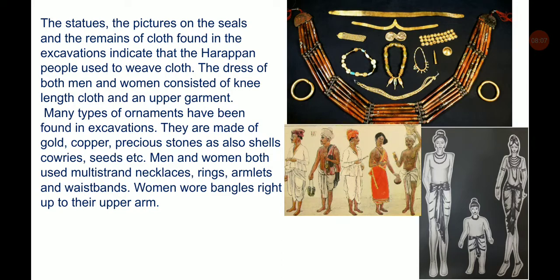Many types of ornaments have been found in excavations. They are made of gold, copper, precious stones, as also shells, cowries, seeds, etc. Men and women both used multi-strand necklaces, rings, armlets, and waistbands. Women wore bangles right up to their upper arm.